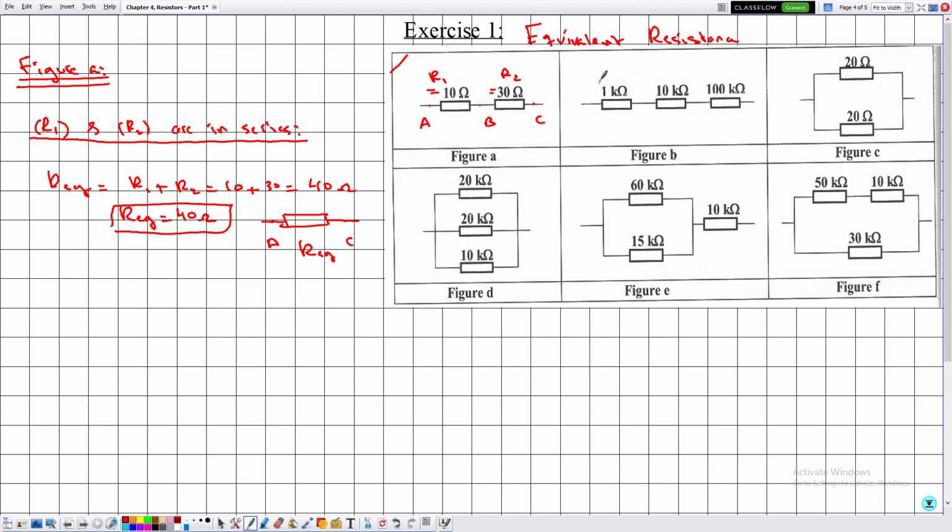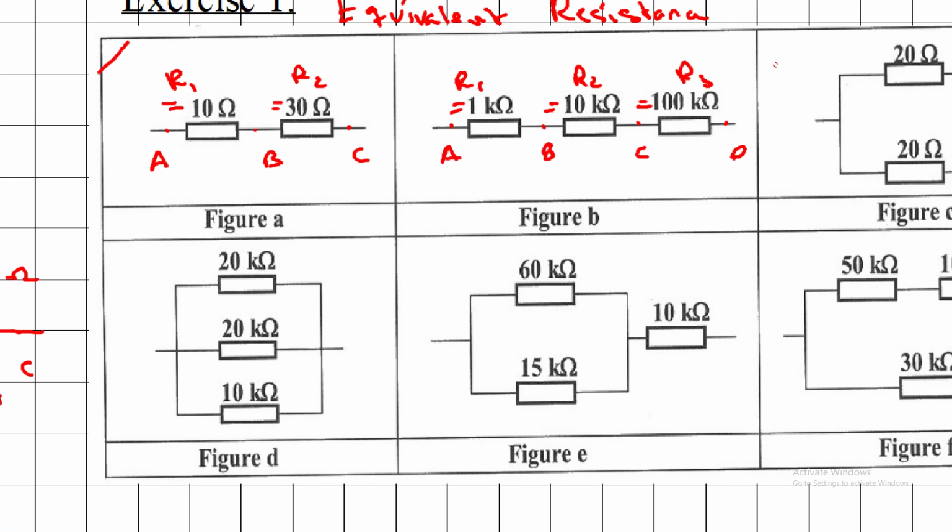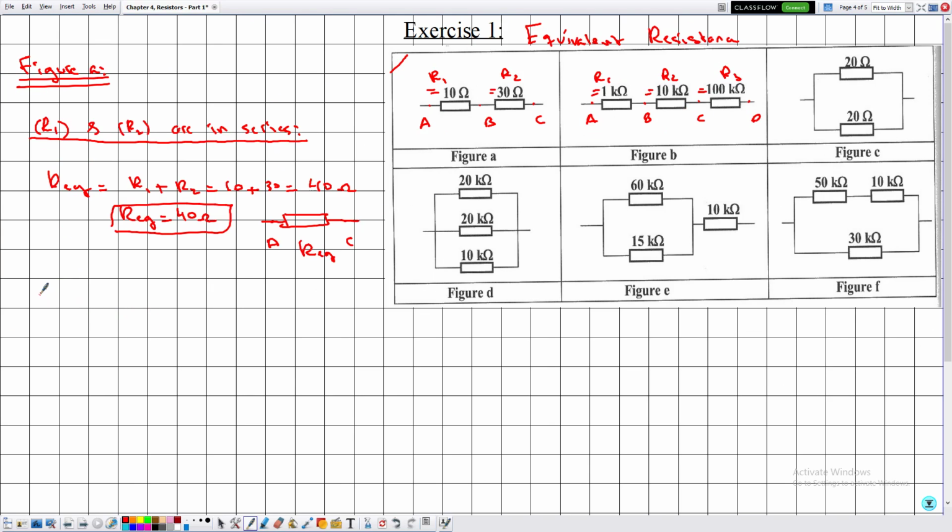Now with figure B, let me say that this is R1, this is R2, and this is R3. Now notice that, let me say that this is A, this is B, this is C, and this is D. Notice that in this case R1, R2, and R3 are in series.